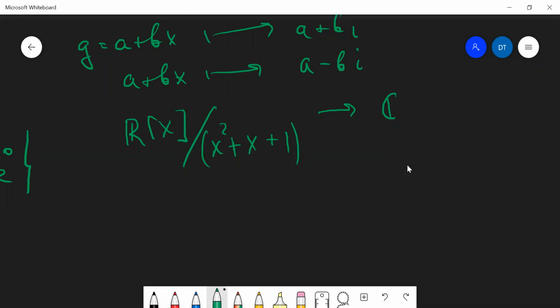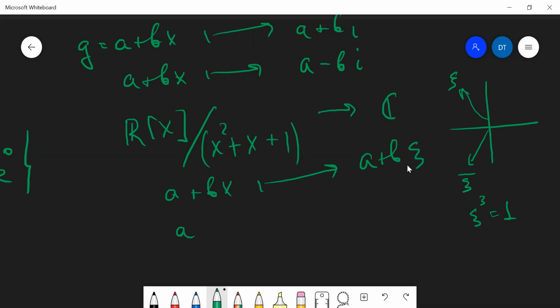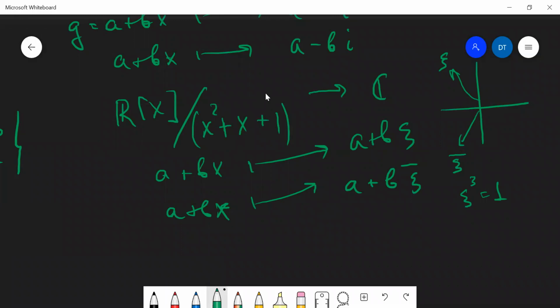Well, because this polynomial has two complex roots. These are two complex roots of unity, xi and xi prime, such that xi cubed equals 1. And you just take a plus bx to a plus b xi, or a plus bx goes to a plus b xi bar, where bar means complex conjugated number. So these are two possible homomorphisms from the left-hand side to the right-hand side.